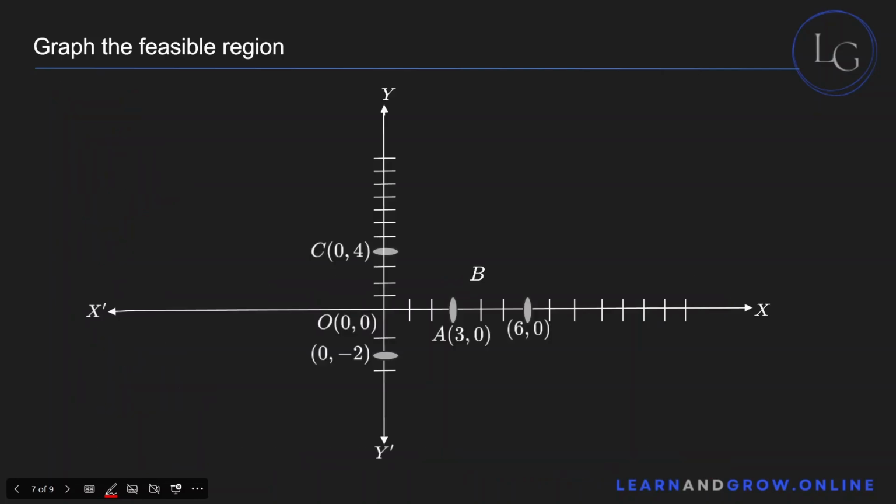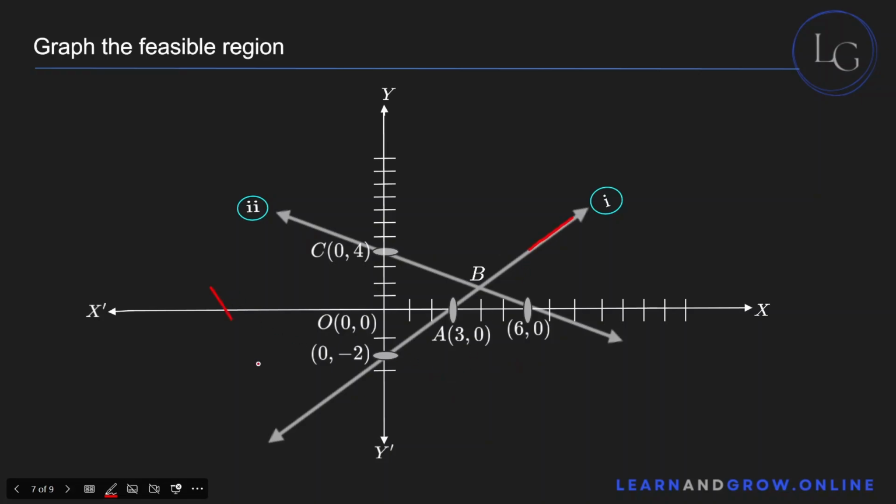Now, here you have the graphs of the two associated equations, and both will be towards the origin side. So for example, you have this as the graph of the first equation, so it will be towards the origin, which means this, right? And for the second equation, it will also be towards the origin, which is this point over here, and so you get this.